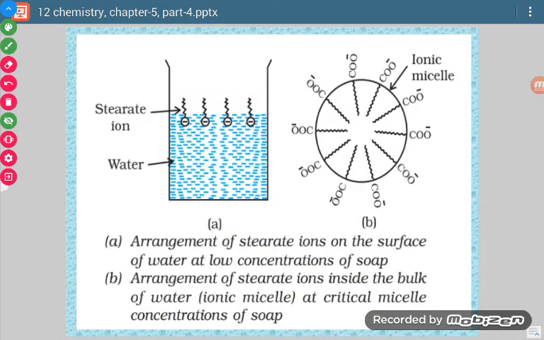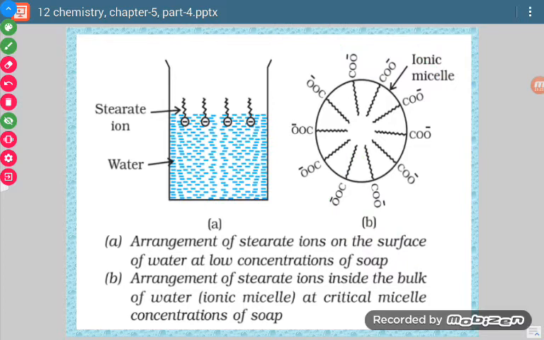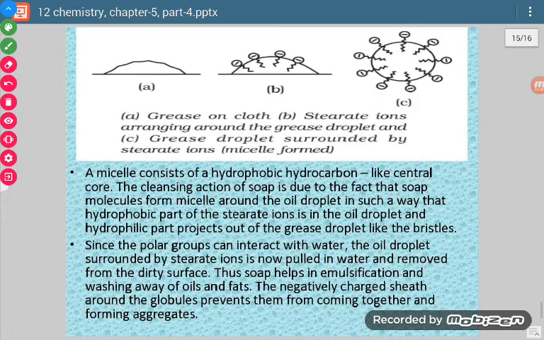Now see, this is one molecule just like this. Now these were pulled inside and they came together. Now these many molecules have come together and this bigger molecule is formed. This bigger molecule is called micelle or ionic micelle, and this is in the colloidal range now. Okay. So this is called micelle.